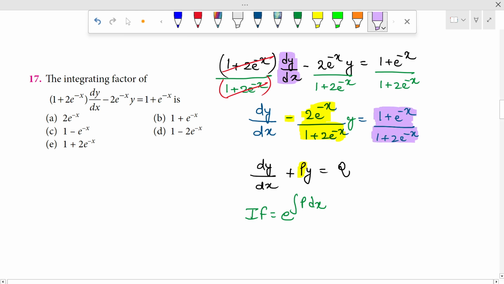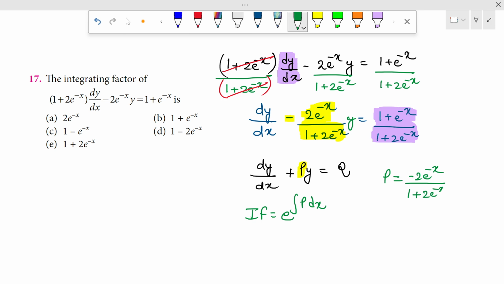For the integrating factor, we need only P. So I have my P as minus 2e^(-x) by (1 plus 2e^(-x)). So how can I find the integrating factor now? To find the integrating factor, I have to integrate minus 2e^(-x) by (1 plus 2e^(-x)) dx.